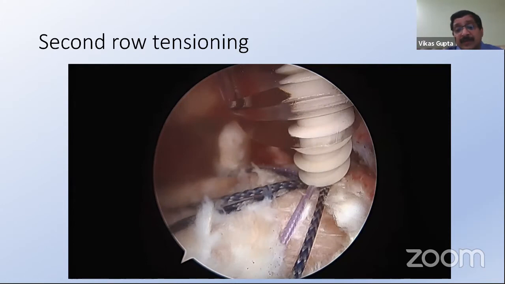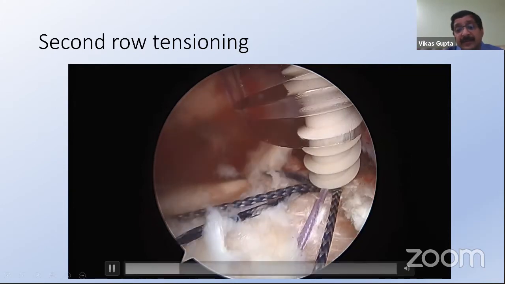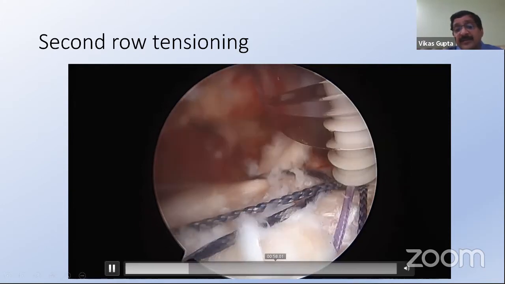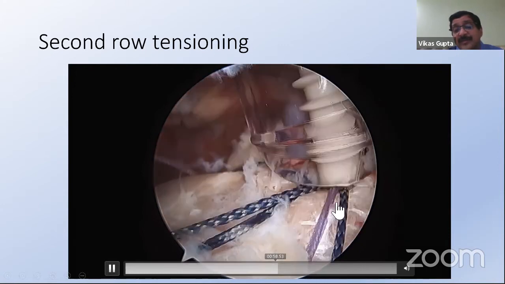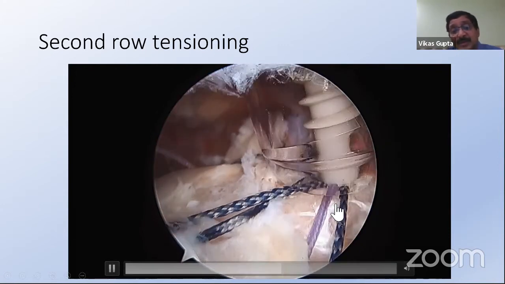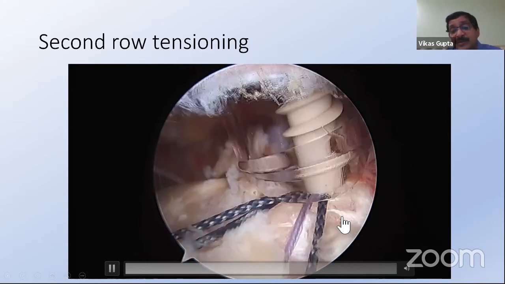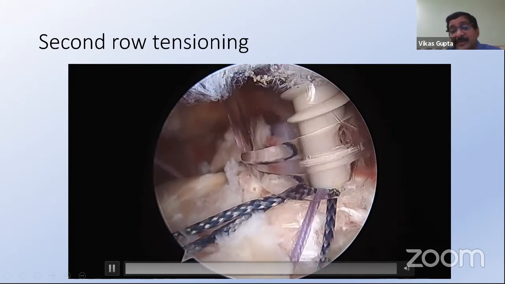Once the tension is adequate, you can see as we pull this thread, the tendon sits on the bone. Sequentially, we pull all the threads to increase the tension.